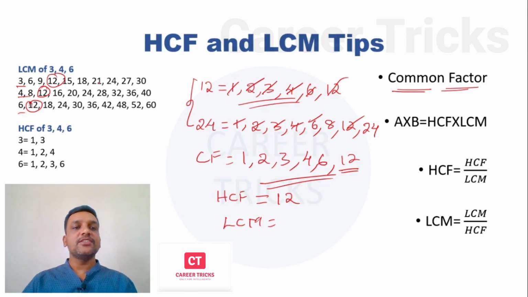After that, one more is there, 24. But we have to take the least common multiple. This is the least common multiple for 3, 4, 6. Like this, we are going to calculate the LCM.